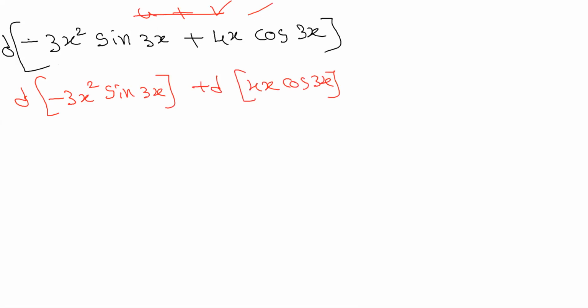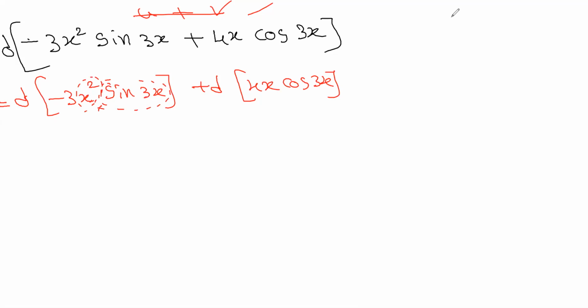This rule applied. Now when you come to this first function, we have minus 3x square sine 3x. You can take this minus 3 outside, so that is not necessary. So it is x square sine 3x. The x square is one function, into sine 3x, another function.